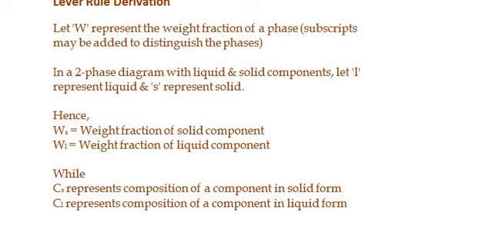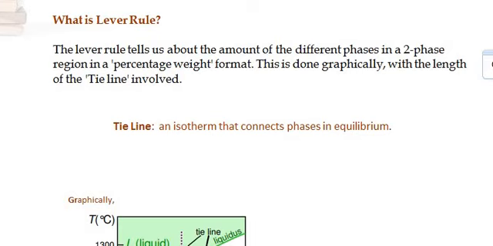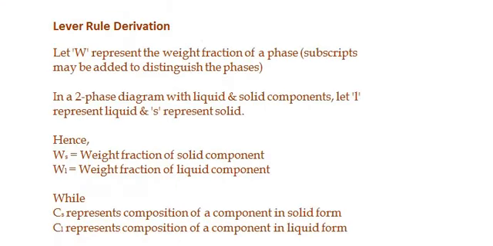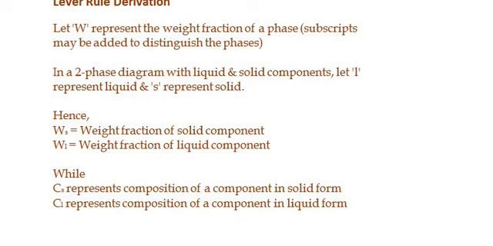Our first equation is based on the fact that the weight percentage of our first component, if it is a binary system, is divided into the two phases, and when you sum them up, you are bound to end up with 100%.